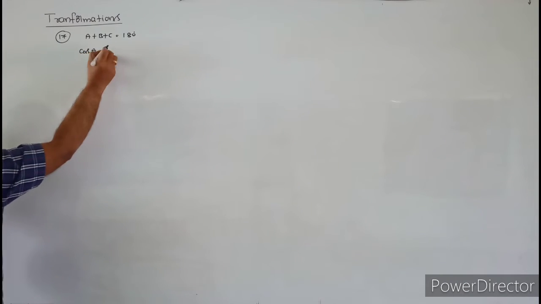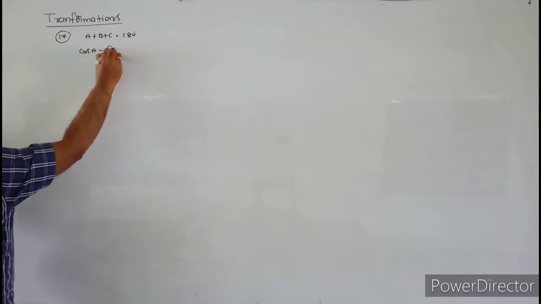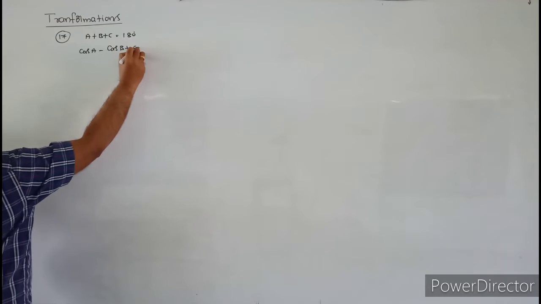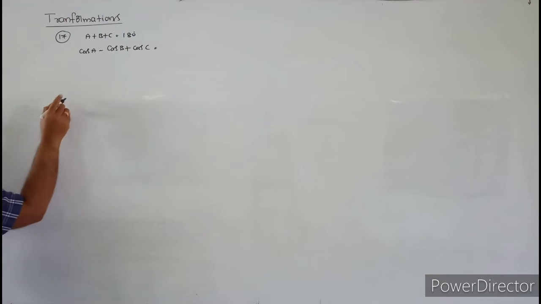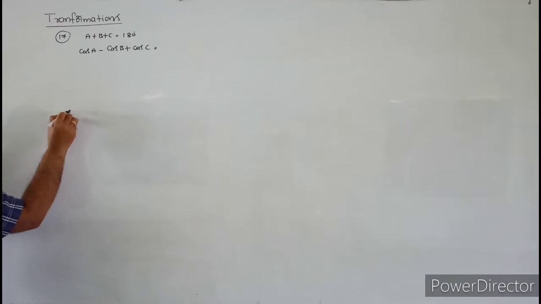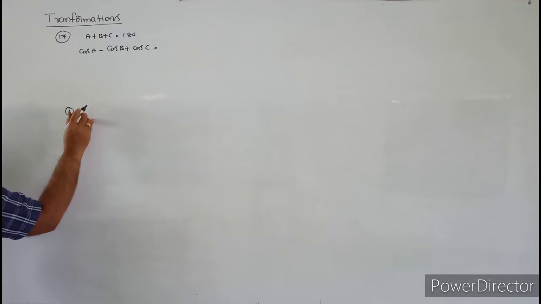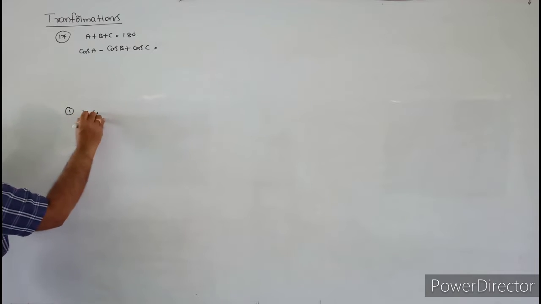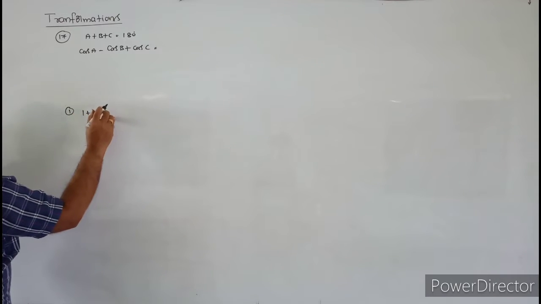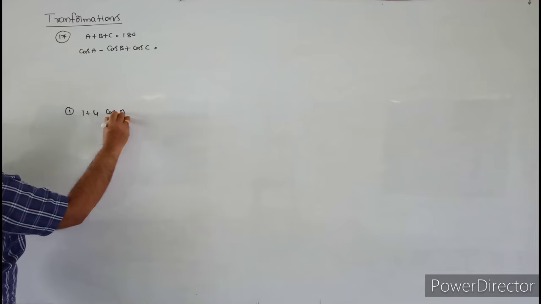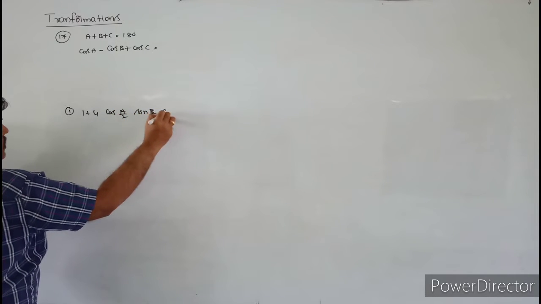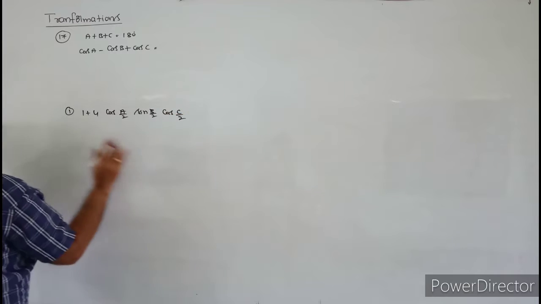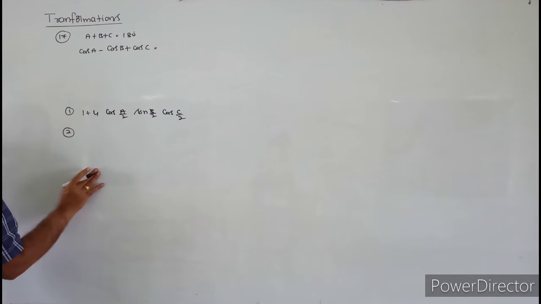Cos A minus cos B plus cos C is equal to. So what are the options also? See that option, students. What are the options given? 1 plus 4 into cos A by 2, sin B by 2, cos C by 2. Okay, so see this second one.